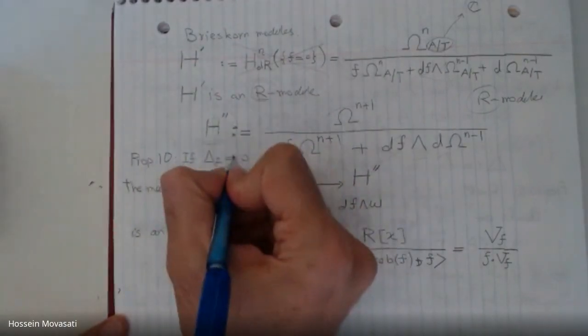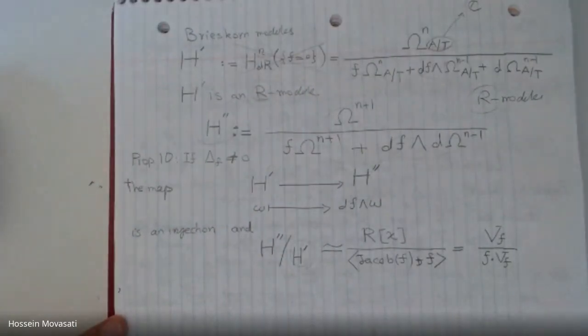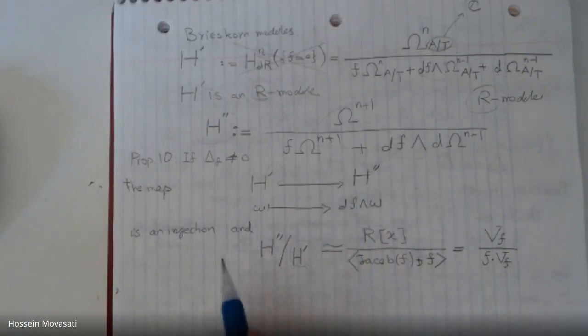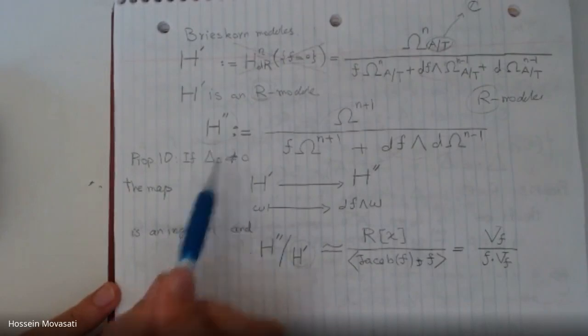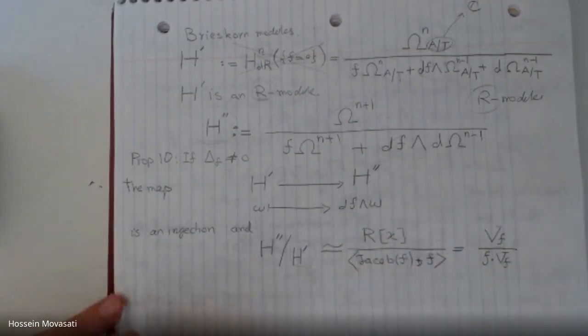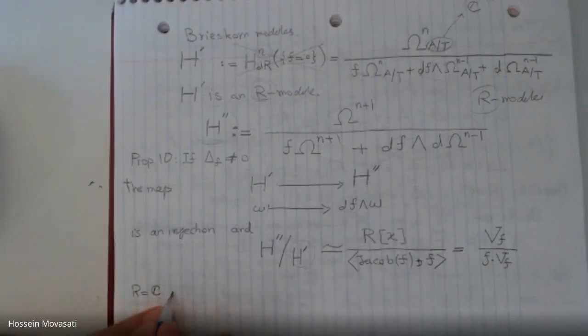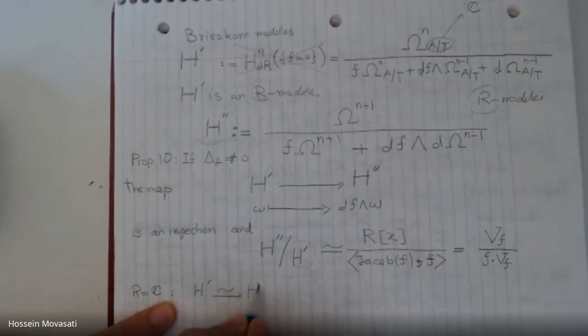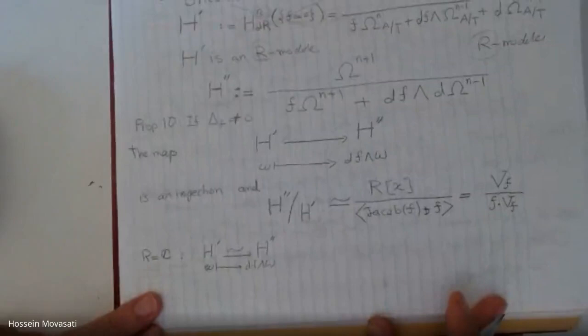Remember that when R is the field of complex numbers, this multiplication by f was surjective. So in the case of R equal to C, H prime is isomorphic to H double prime, just by omega going to df wedge omega.